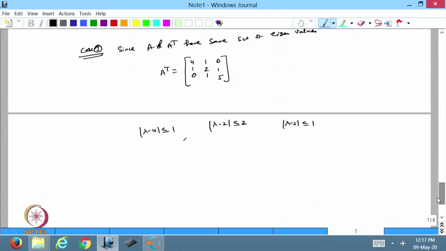So, no problem. Since A is symmetric, which implies that A is equal to A transpose, I get the same bounds.